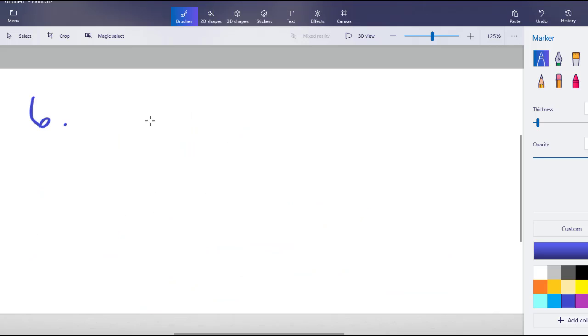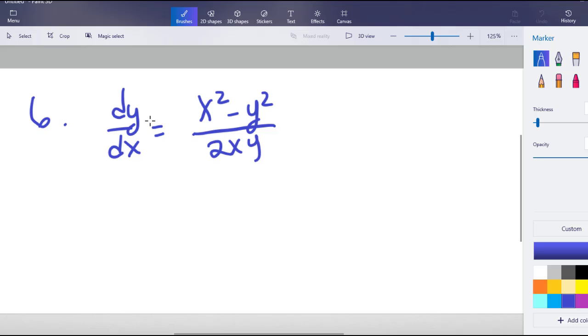For problem 6, we have dy dx equals x squared minus y squared divided by 2xy. You should be able to identify this as homogeneous.